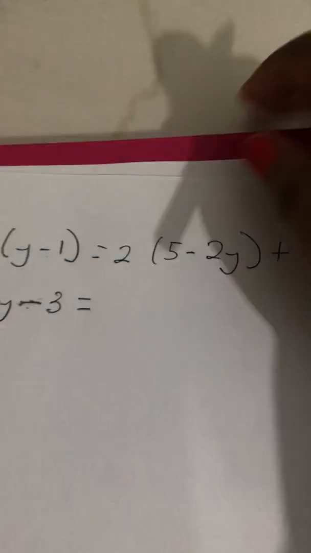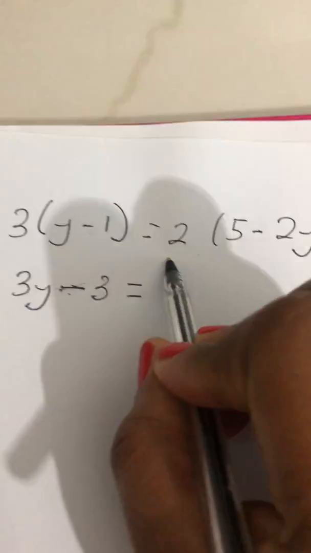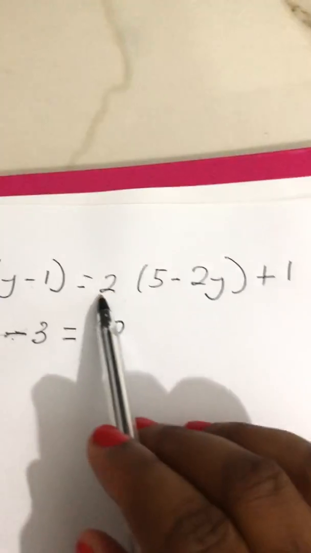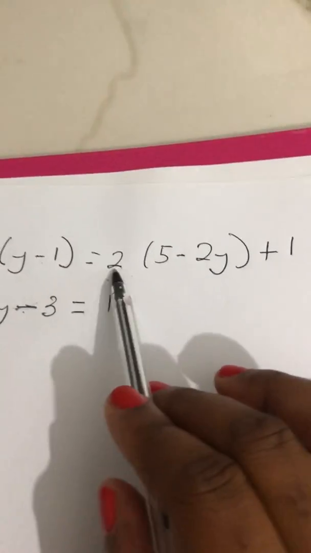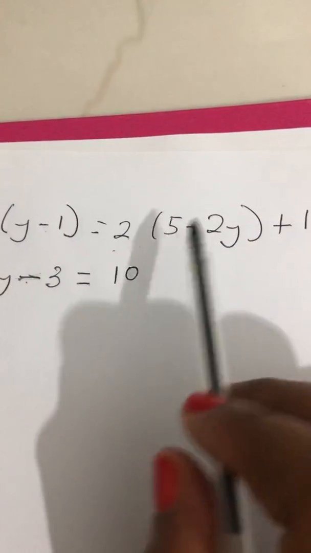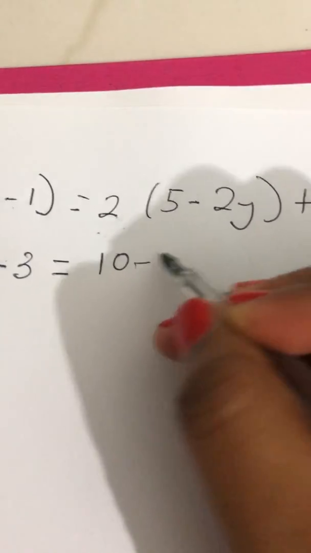Our equal to sign comes. So now, 2 times 5 is what? The 2 is a positive, the 5 is a positive, so 2 times 5 is 10. We are multiplying 2 times a minus 2 here. Positive 2 times negative 2 will give us a negative answer. So 2 times 2 is 4, so we have a minus 4.